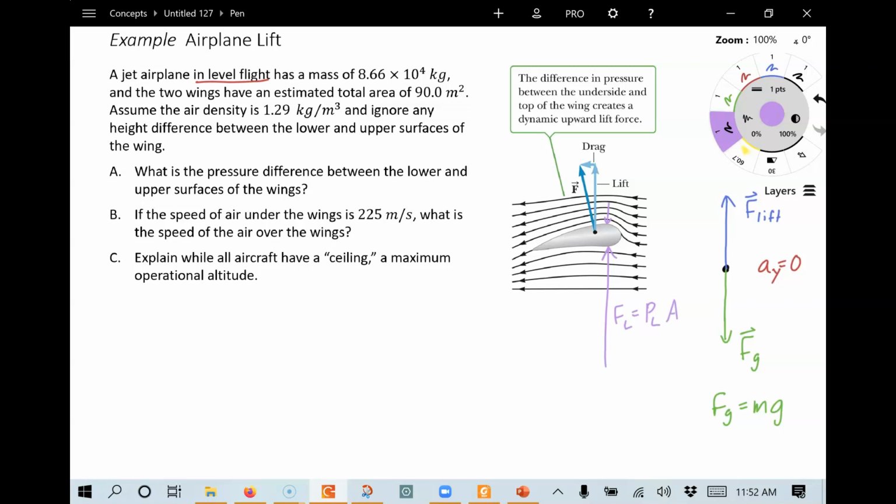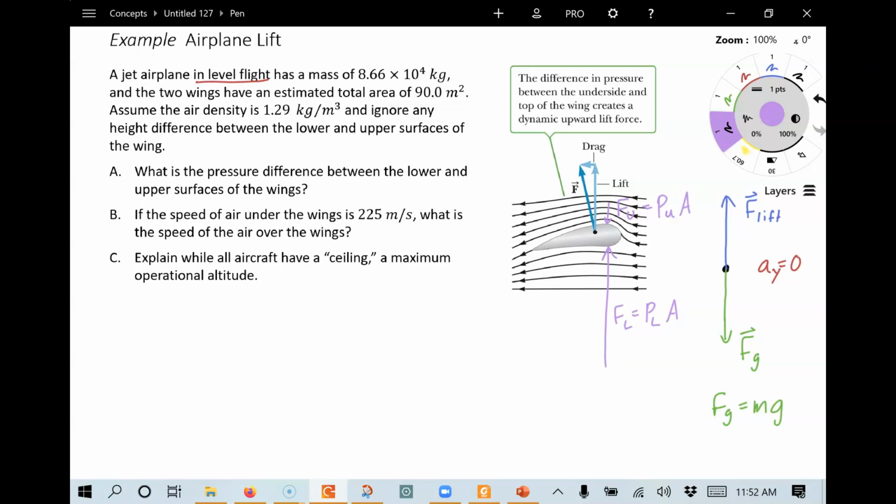And at the top we've got a force pushing down on the wing, and that's going to be the pressure on the upper surface multiplied by the area of the wing.